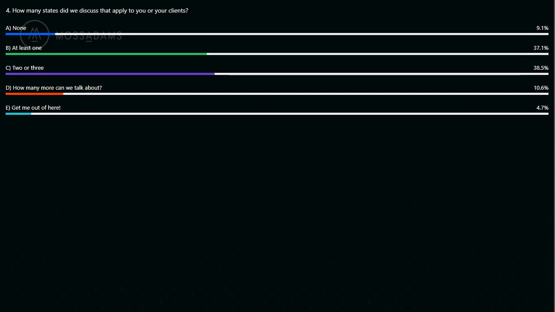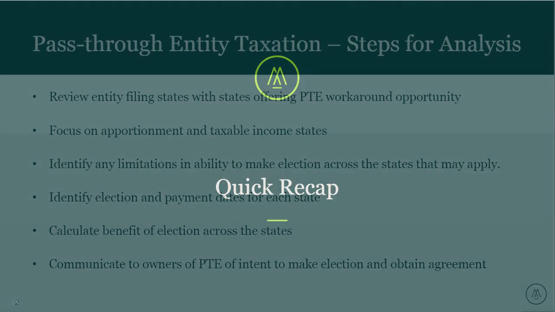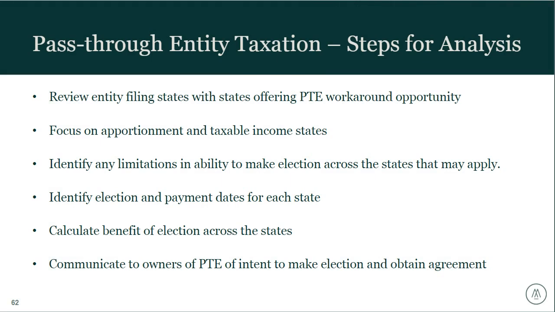So just a quick recap on some of the things that we've talked about today in terms of what you want to start thinking about as you're examining, exploring the pass-through entity tax. You want to review the states in which you are considering trying to take advantage of the pass-through entity workaround opportunity with a focus on the apportionment at the entity level and the taxable income states. Identify any limitations in the ability to make the election across the states where you may be trying to take advantage.